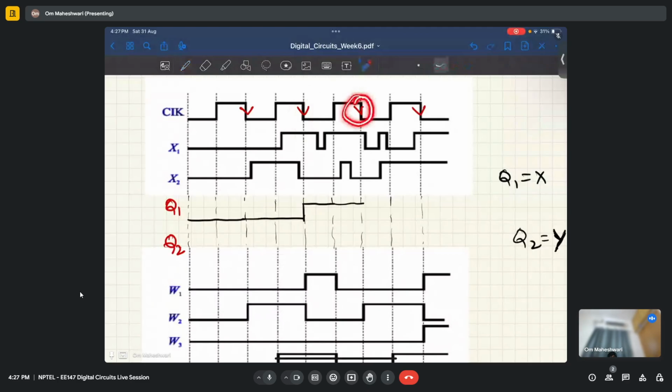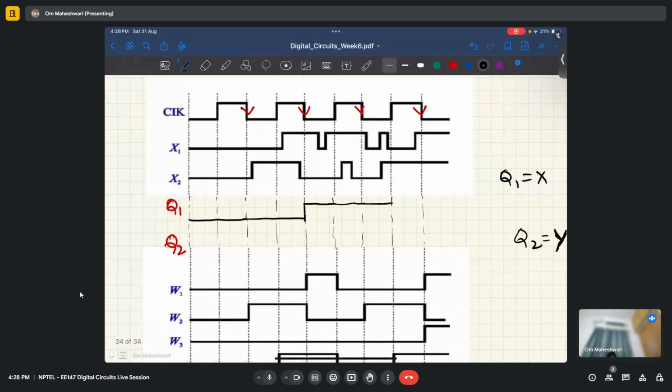This negative edge, input is still 1, remain 1. Here also it is still 1, so it will remain 1. So I will write it again with some different color.